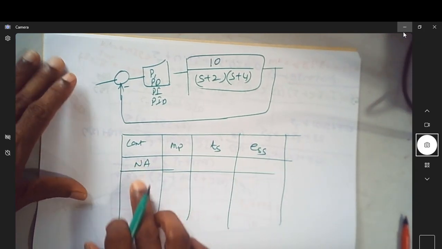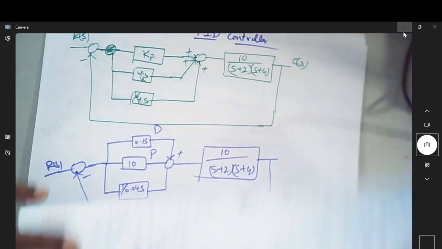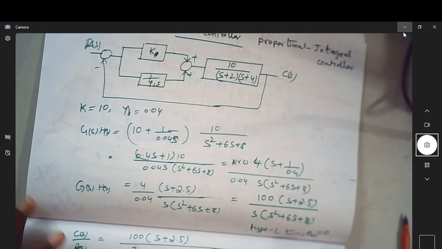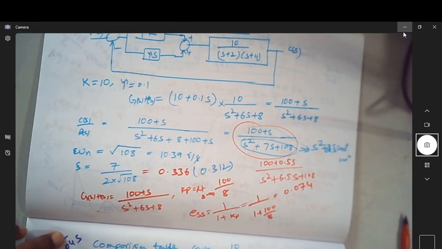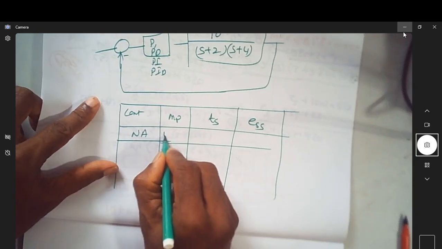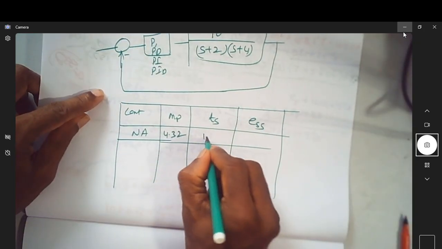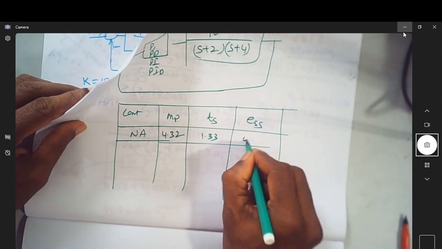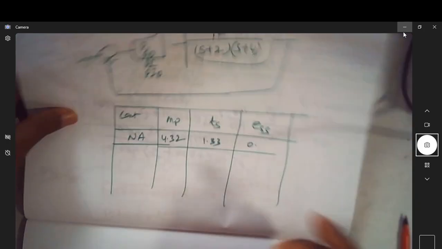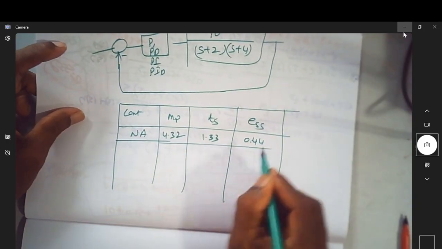When it is not there, we had the values as 4.32%, 1.33 second, and ESS was 0.44.